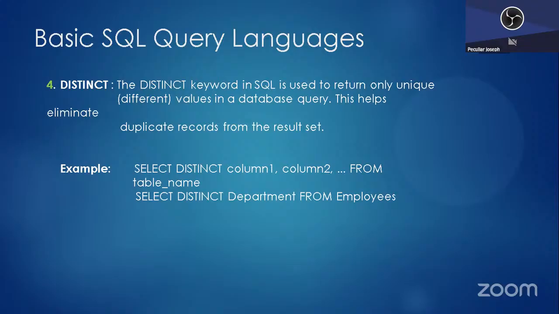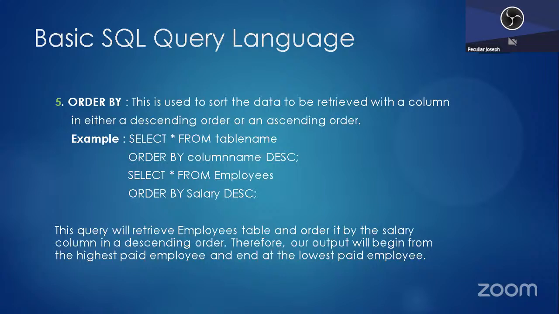But I don't think we have any duplicate column, so maybe in our next class I'm going to show us how DISTINCT works. But we are going to go on to the next, which is ORDER BY.